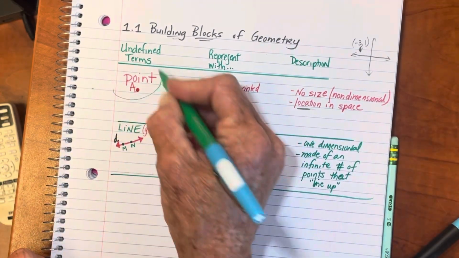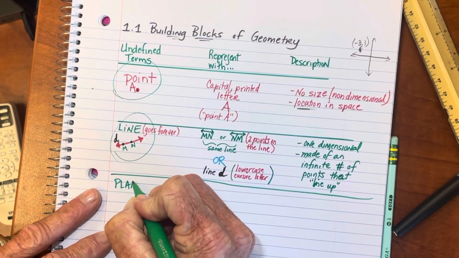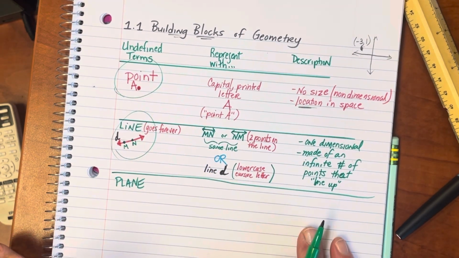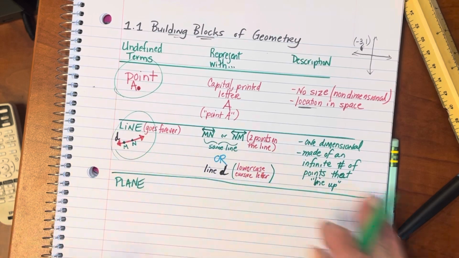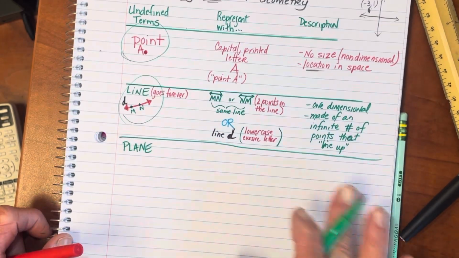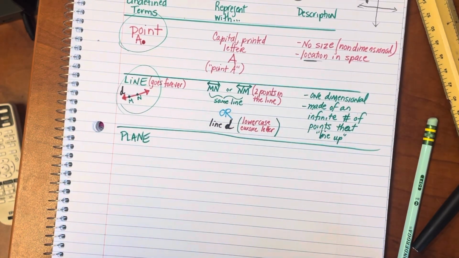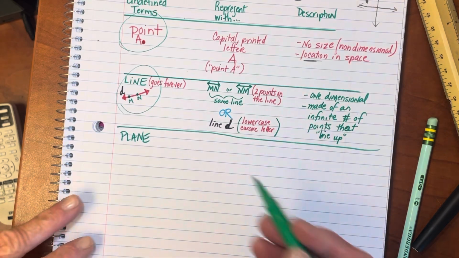All right, the third term, so our undefined terms are a point, a line. The third one is a plane. And a plane is going to be a flat surface. This piece of paper is a finite plane. The table you have your paper on is an example. That tabletop would be an example of a plane.